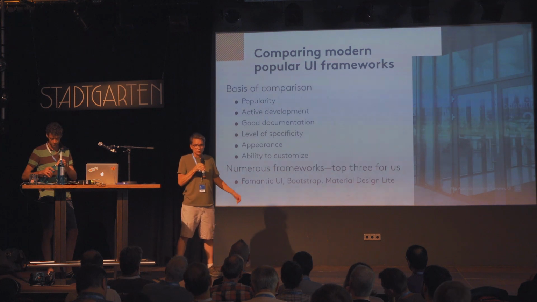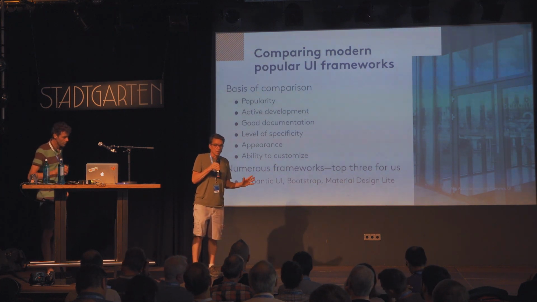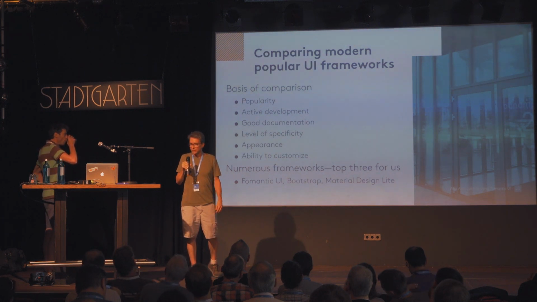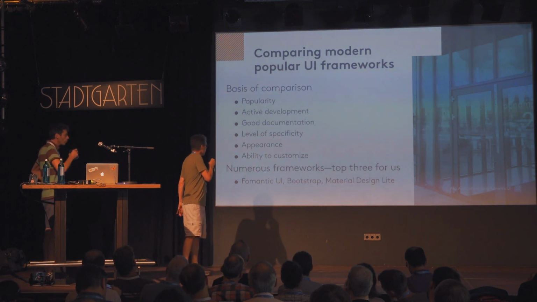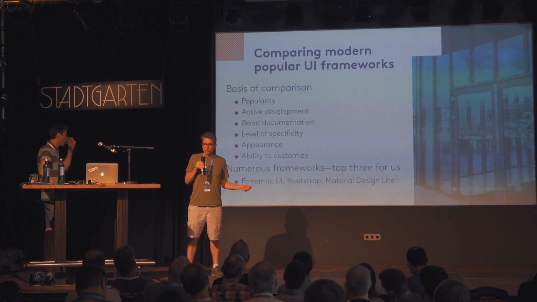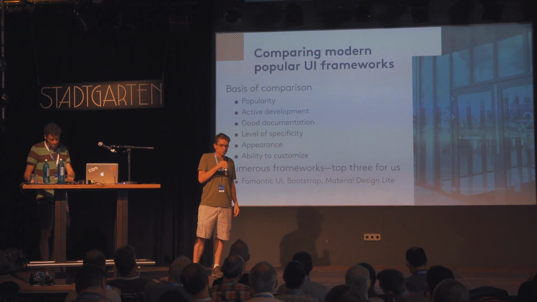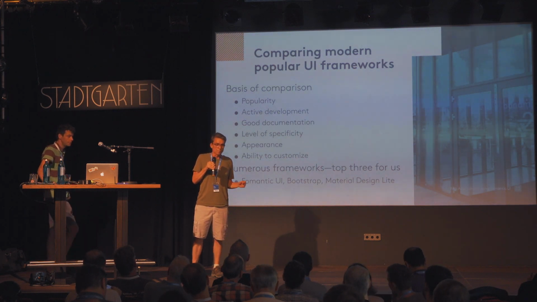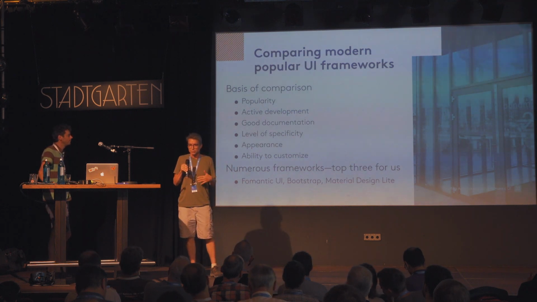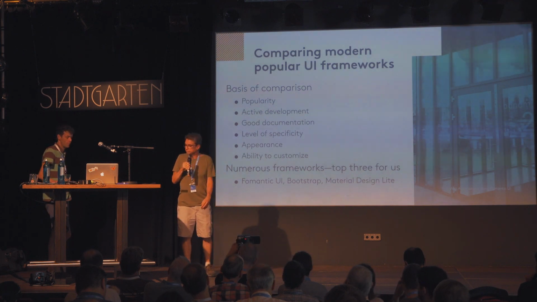The appearance, as I mentioned before, was really of primary importance. We wanted it to pop. We wanted it to look different. We wanted it to be very appealing to our users. And I think equally so, we wanted to be able to start with that base and build on it. We didn't want to be locked into a set of decisions that somebody else made, but if they provided us with the building blocks to construct things that maybe they hadn't envisioned, that was what we wanted.